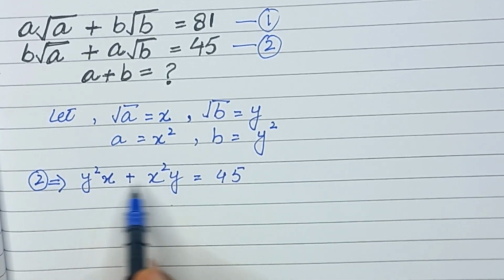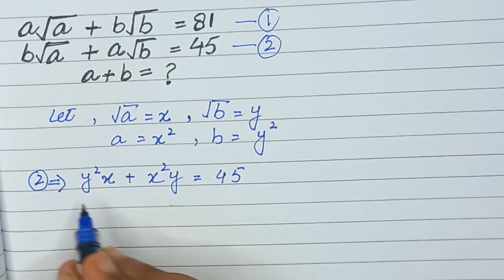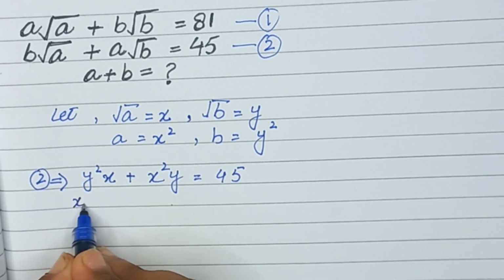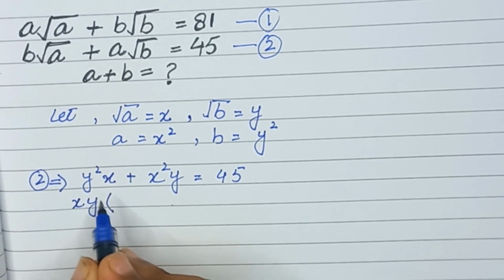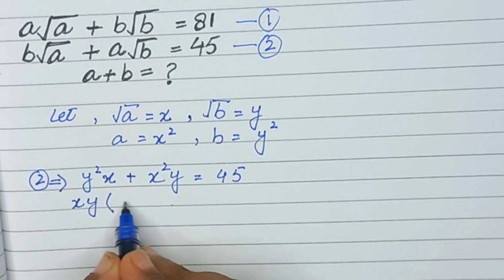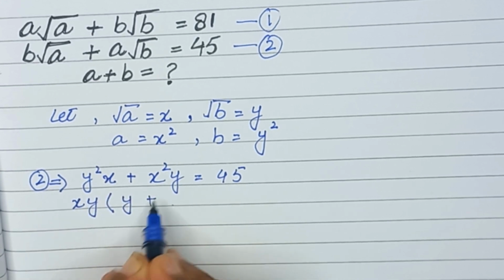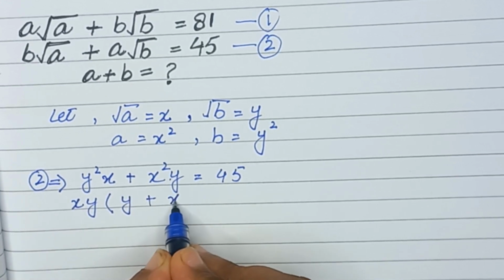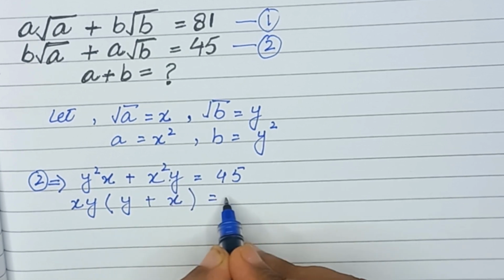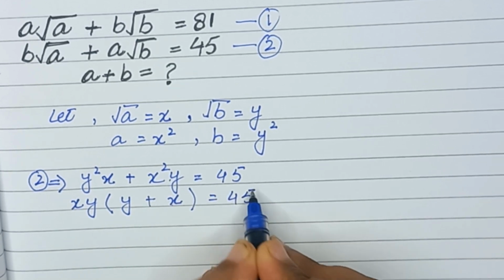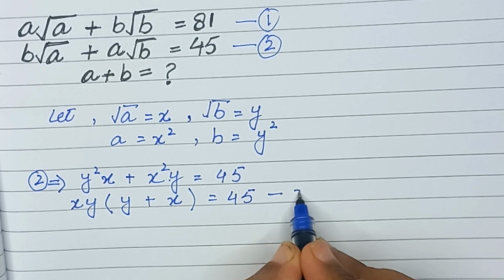Now from these two terms we have x and y common, so it will become xy into this divided by this will be equal to y, plus this divided by this will be equal to x, which is equal to 45. Now we'll name it equation number 3.